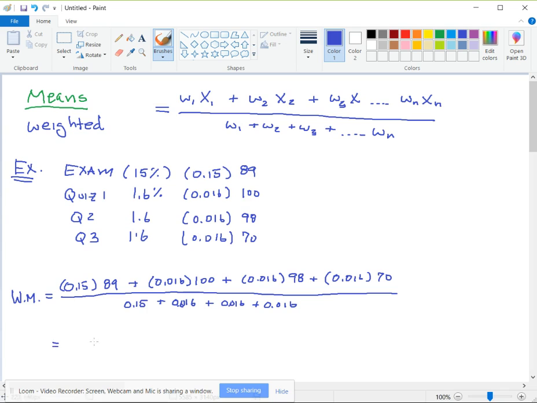And if you pull your calculator out and you were to add and multiply these terms in the numerator and divide it by the sum of the denominator, you're going to end up with an overall grade of 89.1. That's how you can calculate your grade actually in this class. Okay.